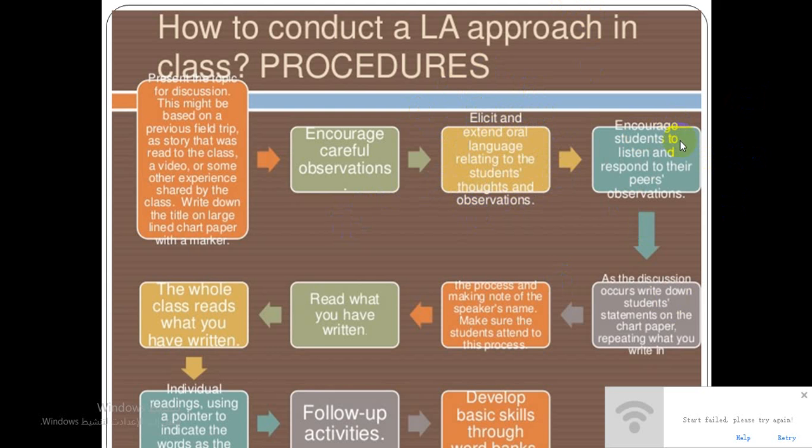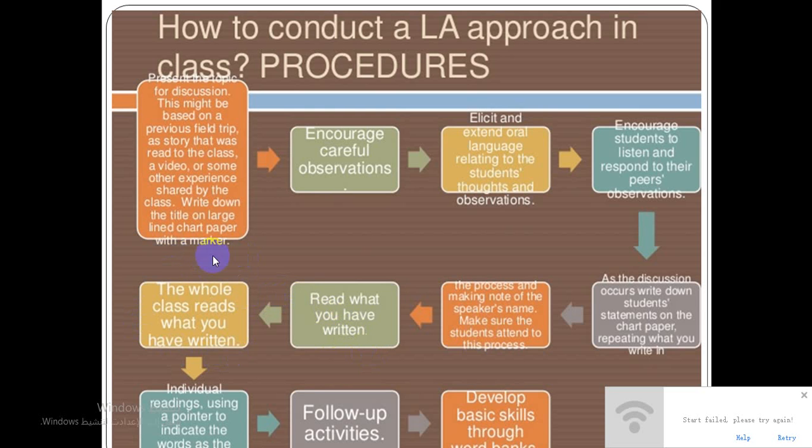Encourage students to listen and respond to their peers. As the discussion occurs, write down students' statements on chart paper, repeating what you write in the process and making note of the speaker's name. Make sure the students attend to this process. Read what you have written.